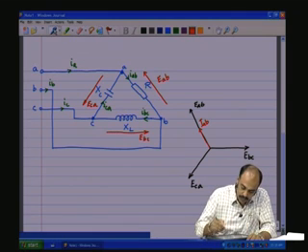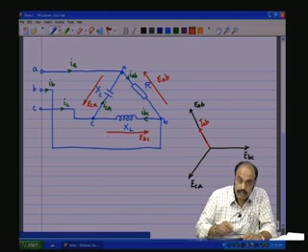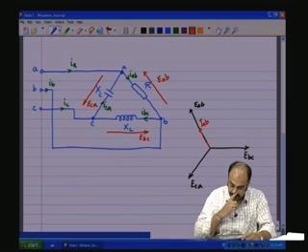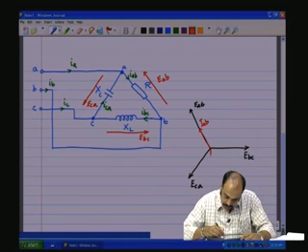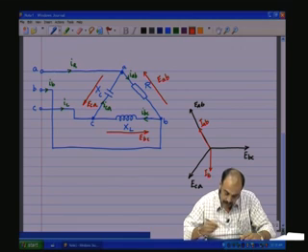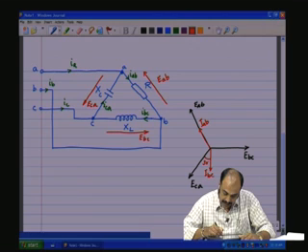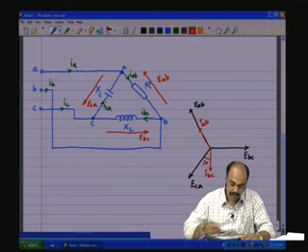So, we take EBC, and with respect to EBC, the current will lag by 90 degrees. So, IBC is going to lag by 90 degrees. So, if this is 90 degrees, this would be 30 degrees. 90 plus 30 is 120 degrees. So, IBC is lagging EBC by 90 degrees because of the inductive load.